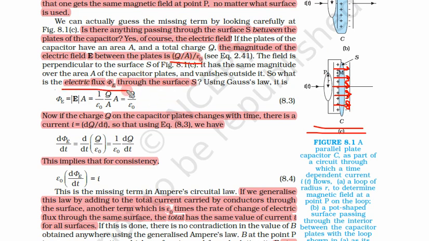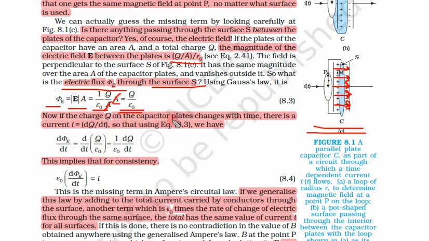After that we calculated the electric flux associated with this surface S, which is electric field into area. When we multiply the electric field Q upon A epsilon naught with this area, the areas cancel out, and we get Q upon epsilon naught. This is the electric flux associated with this surface.